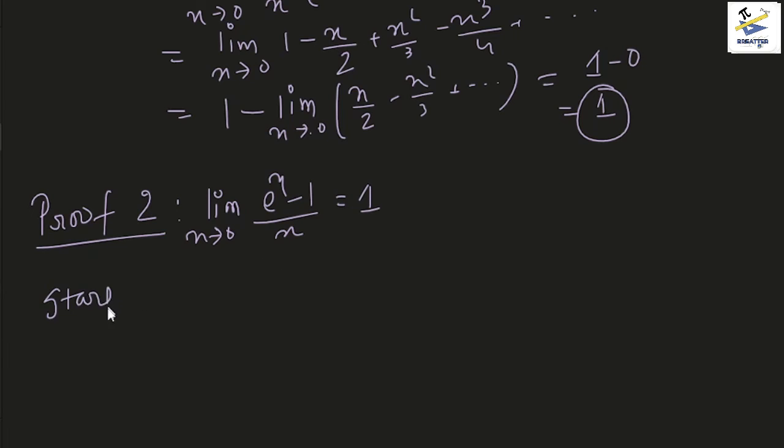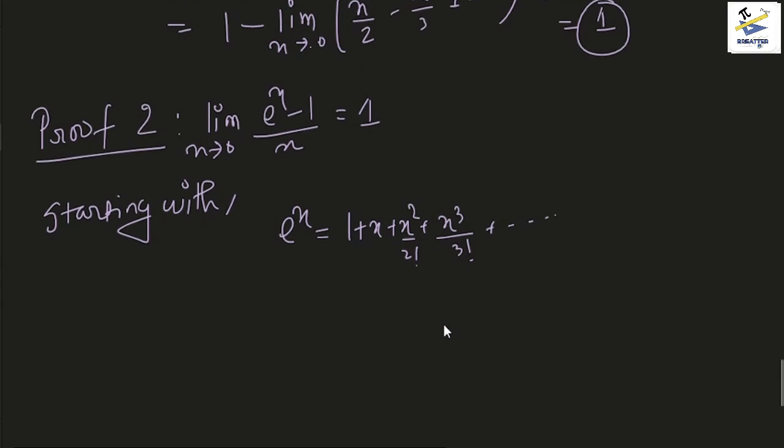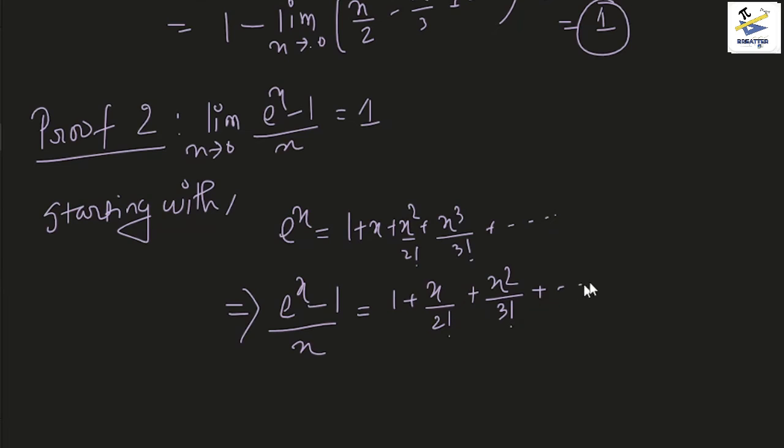So starting with e to the power x equals to 1 plus x plus x square by 2 factorial plus x cube by 3 factorial and all the way, we can see that if we just take the 1 on the left hand side and divide by x, what we get is this: 1 plus x by 2 factorial plus x square by 3 factorial plus so on.